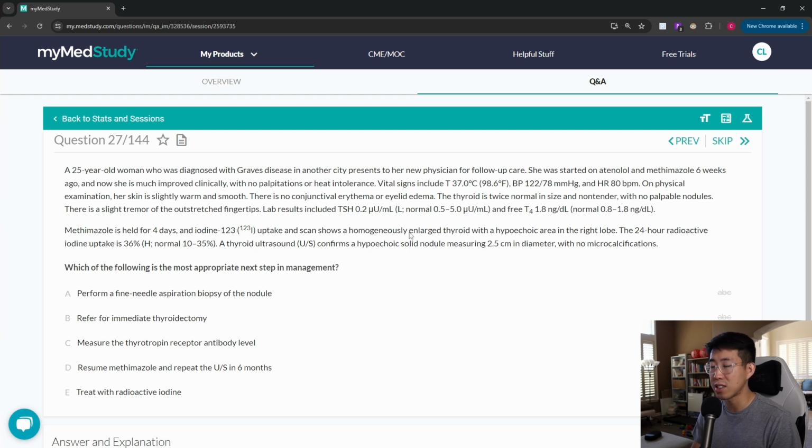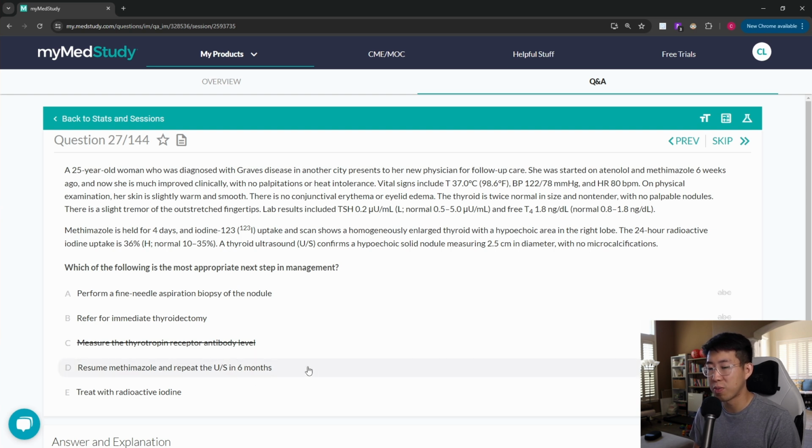Homogeneously enlarged. So that does sound like Graves' disease. It's diffuse. But she does have this additional nodule here. 2.5 centimeters is fairly large. I'm a little bit unsure here. The thyrotropin receptor antibody level, she already has proven Graves' disease, so I don't see that being super helpful.